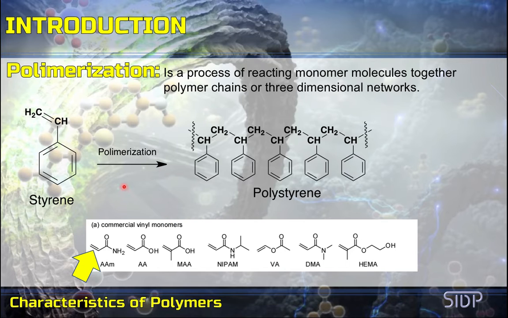The presence of the double bond or active functional groups acts as the driving force to add one monomer molecule upon the other repeatedly to make a polymer molecule. This process of transformation of monomer molecules to a polymer molecule is known as polymerization.